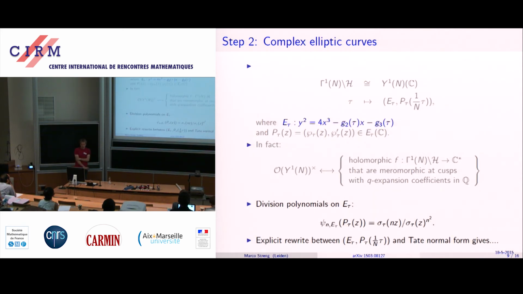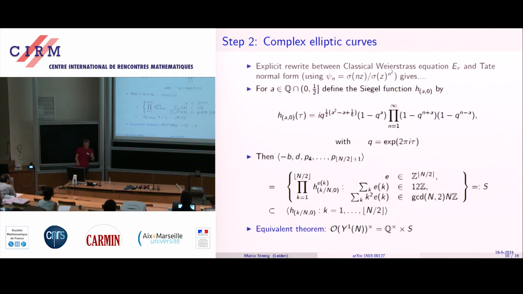Now I know a little bit about the division polynomials also in the complex setting. So if you take the division polynomials for this classical Weierstrass equation E tau, then it has something to do with the sigma functions. The exact formula is not important, but if I combine this with an explicit rewrite between this classical Weierstrass equation and the Tate normal form, then that gives us a new way of writing this group that we're looking at.